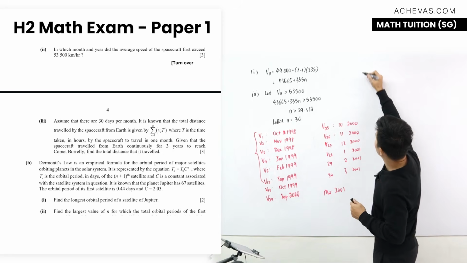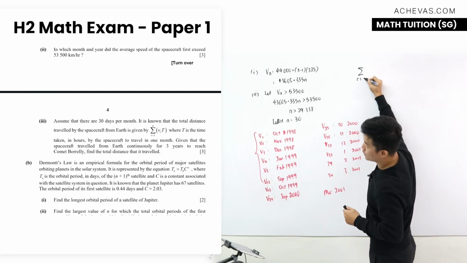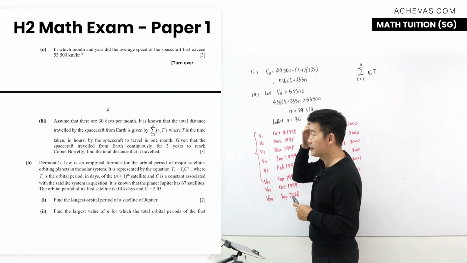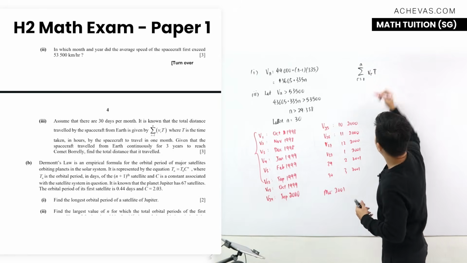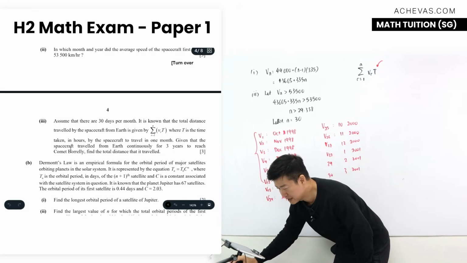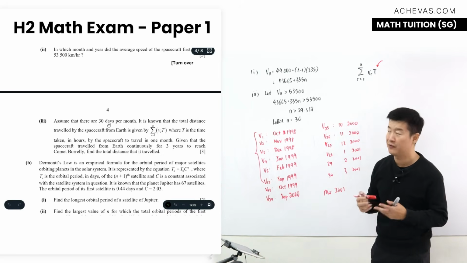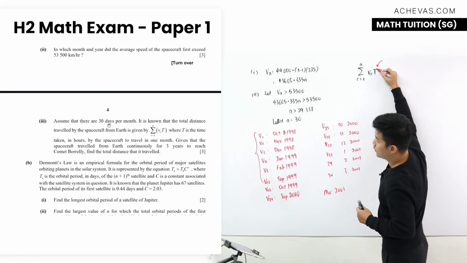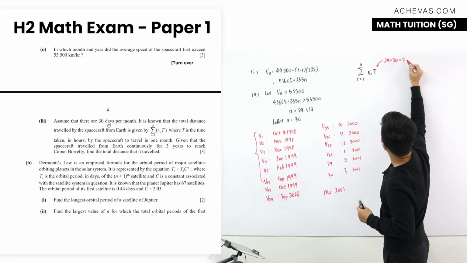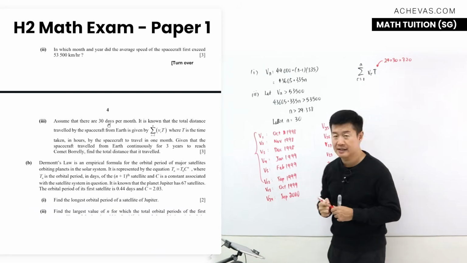We are trying to look at the sum from r equals 1 to n of V_r T. This is representing the total distance traveled by the spacecraft, where T means the time taken by the spacecraft to be traveling in 1 month. And according to the question, every month there's a fixed number of days. So the hours in 1 month will be 24 hours times 30. This is 720. So T is a constant.